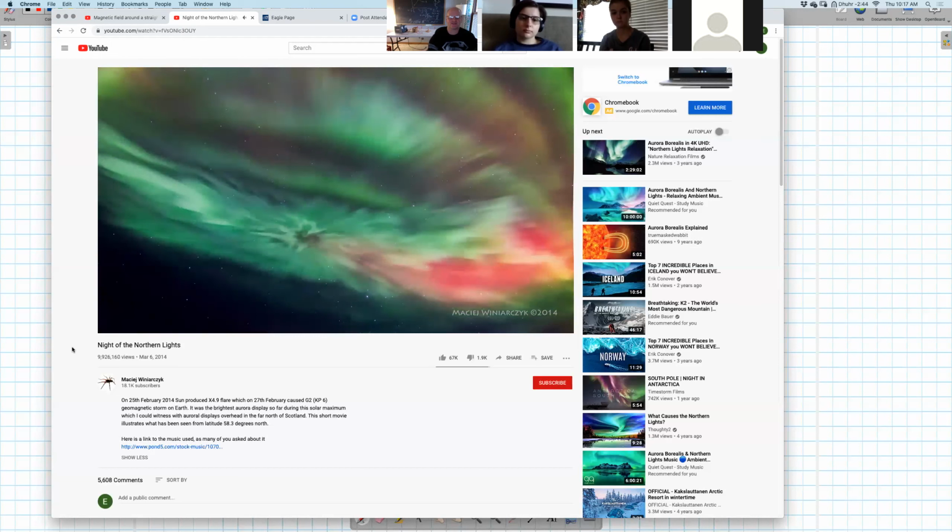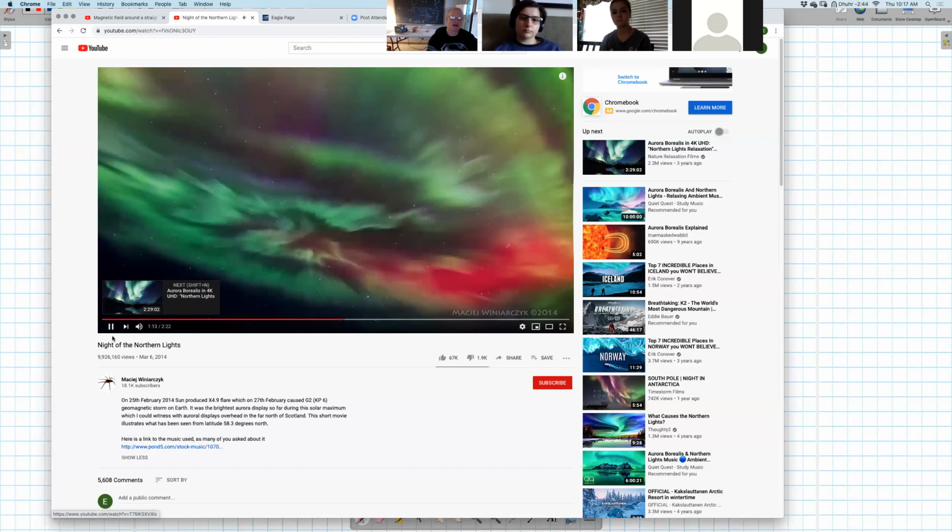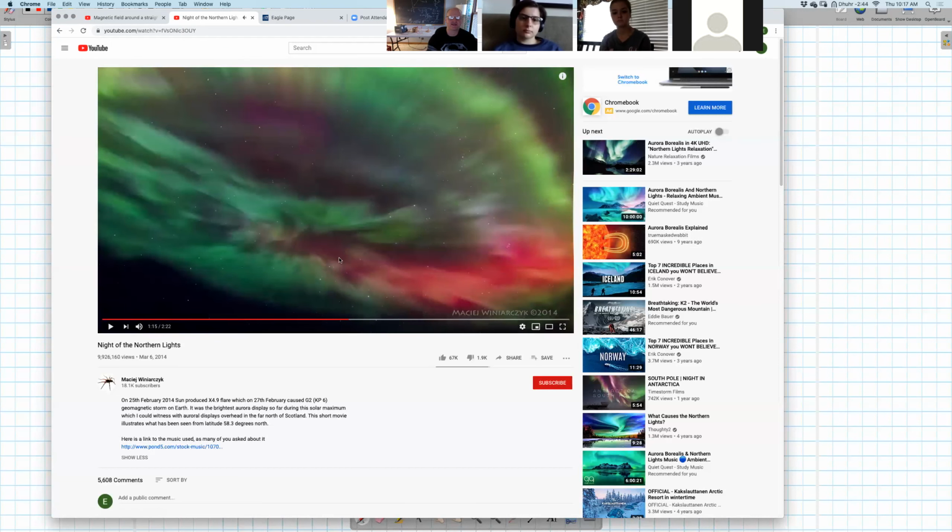So what you're seeing here is that there's a lot of activity coming from the sun. You see a lot more activity in the northern lights when we have a lot of sunspots. A sunspot is created by magnetic fields from the sun going out from the surface of the sun and coming back in. So each one of those sunspots corresponds to a beginning and an end of a magnetic field line.